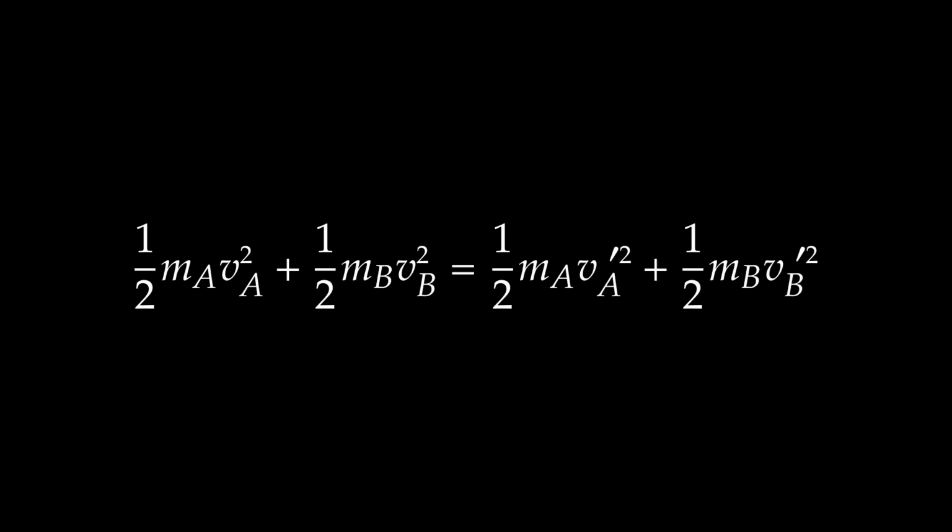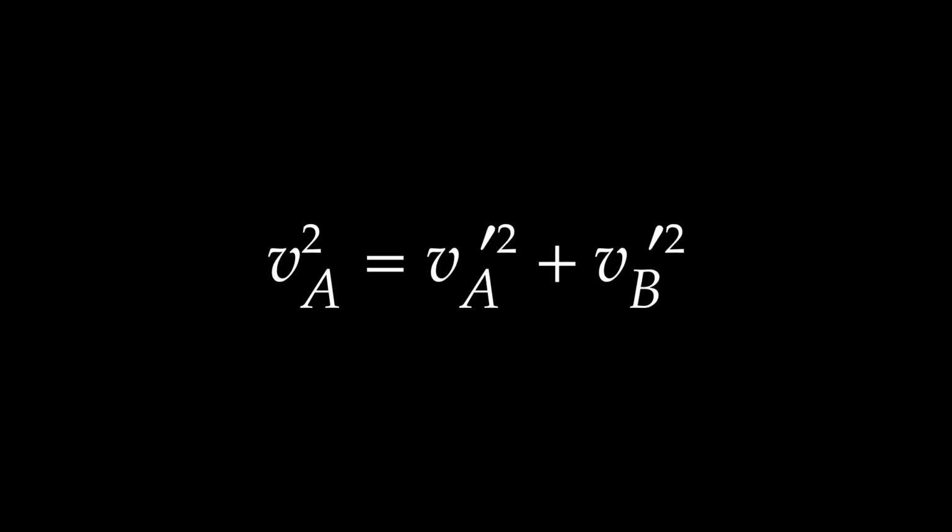So I can strike out all the masses, and I can also strike out all the 1/2s, because there's a 1/2 in every term. And so I end up, just as in the momentum case, with a very simple equation relating these quantities: VA squared is equal to VA prime squared plus VB prime squared.